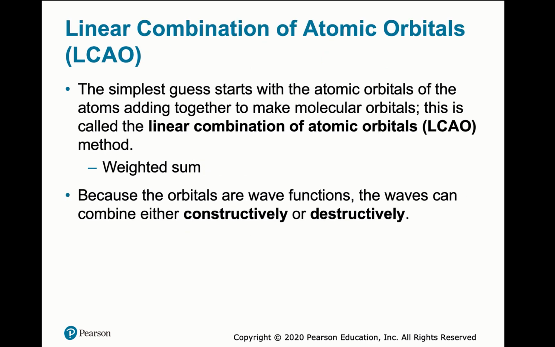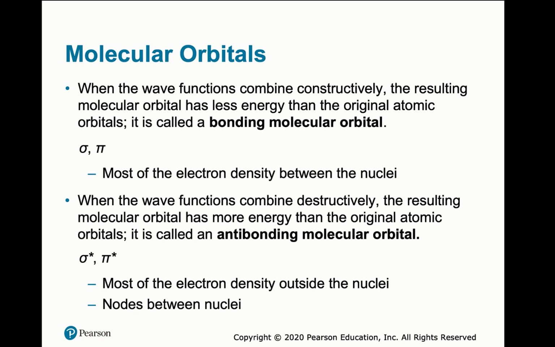So I already mentioned LCAO. This is the simplest part of it, and we can look at these atomic orbitals. If you remember the signs of the atomic orbitals, these can interfere either constructively or destructively. When they combine constructively, we have bonding orbitals, and when they interfere destructively, we call them anti-bonding orbitals.